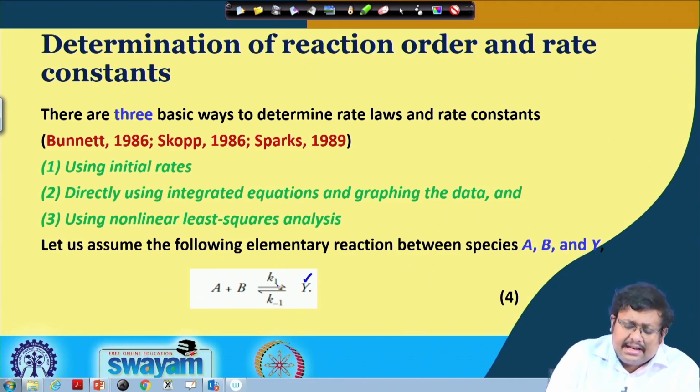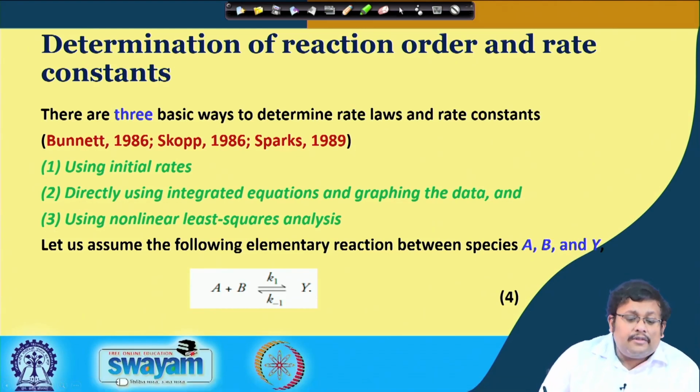Now, we can see here K1 is the forward rate constant, whereas K minus 1 is the rate constant of the reverse reaction. This is equation 4. Let us see the implication of this for deducing different types of order of reactions.